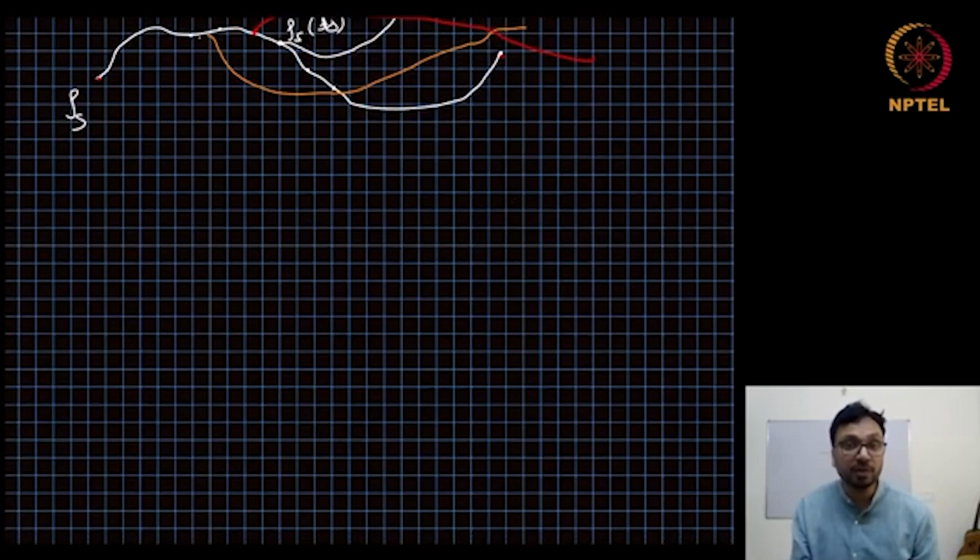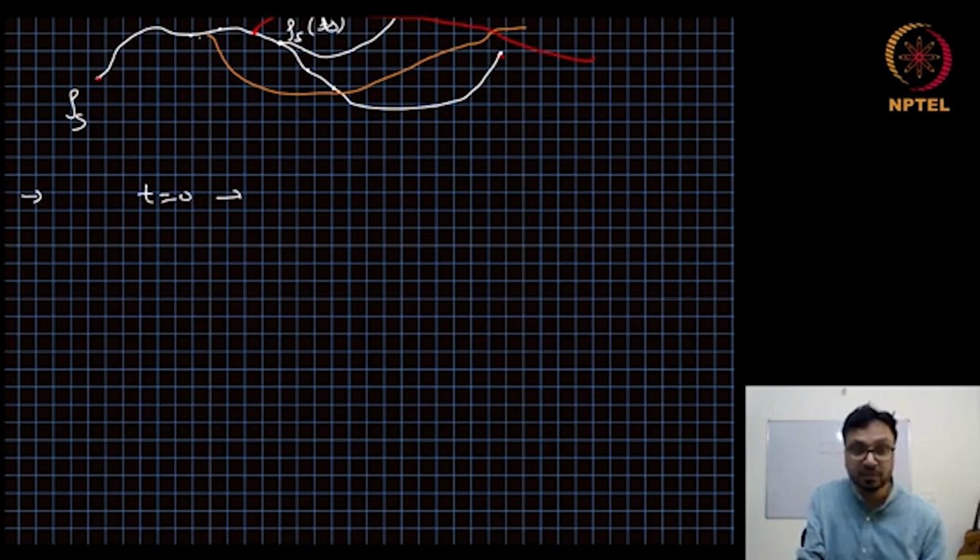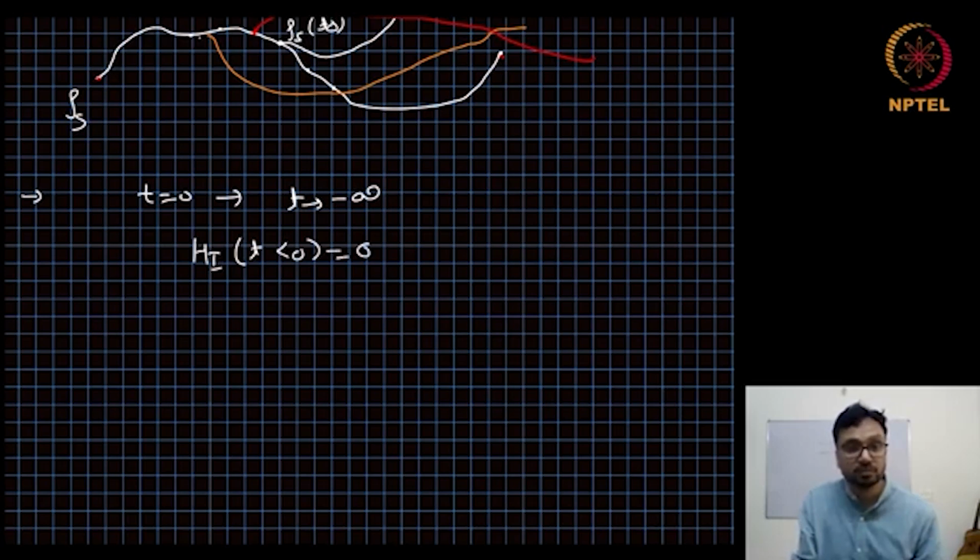In order to convert the Redfield equation into Markovian dynamics, we need to make some further simplifications. One of the simplifications is that we take t equals 0 to t equals minus infinity. That is, we say that our dynamics does not start from t equals 0, but it starts from t tending to minus infinity, and we can say that the interaction Hamiltonian for t less than 0 is just 0.